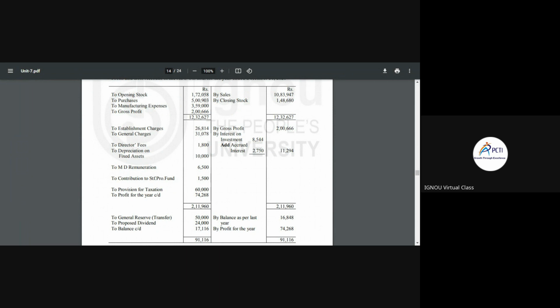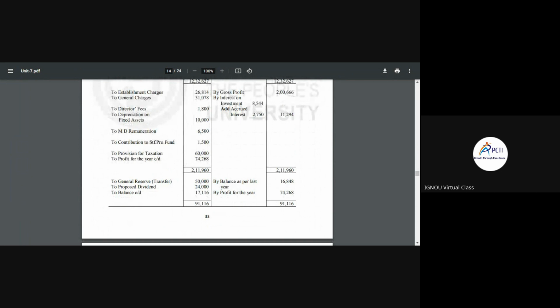Then we have MD remuneration, contribution to provident fund, provision for taxation, and in the end, after balancing both figures, we get the profit for the year, which will be transferred to the balance.